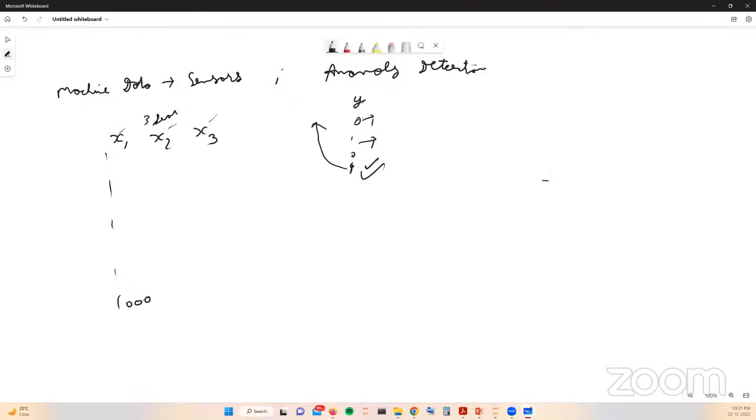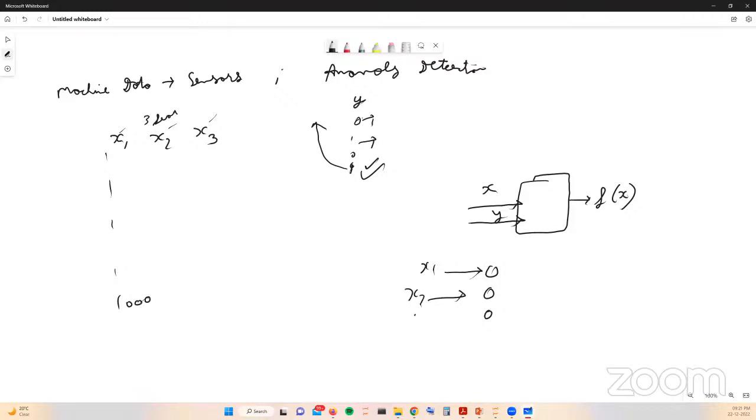Basically, your AI/ML model is nothing but this: you input X, you also input Y, and you get an f(x), a function that is mapping your Y with respect to your X. Whenever we are talking about simple ANNs, artificial neural networks, we just give inputs of your X1, X2, and X3, and there is some neural network here, and it is directly mapped to your Y. In this way, we generally give inputs, but the same thing is not true for your LSTMs.